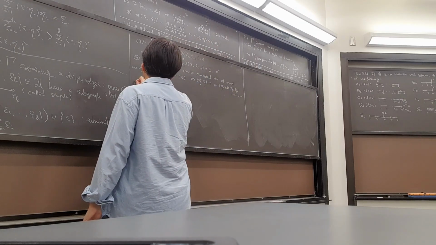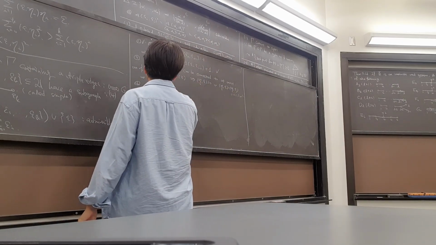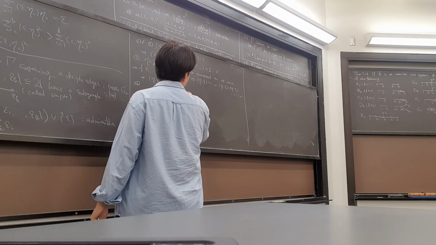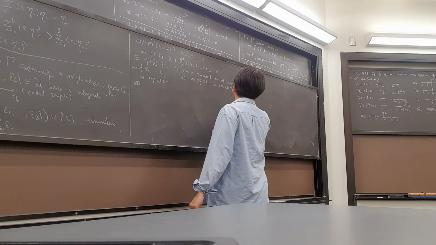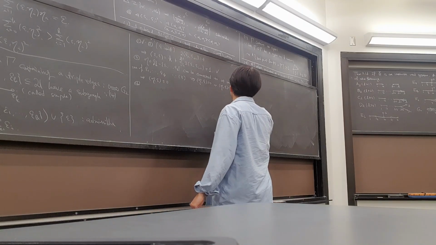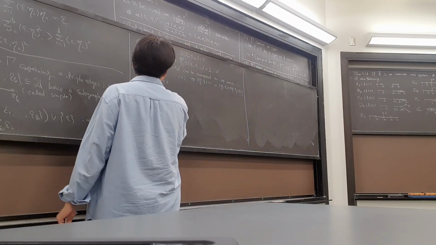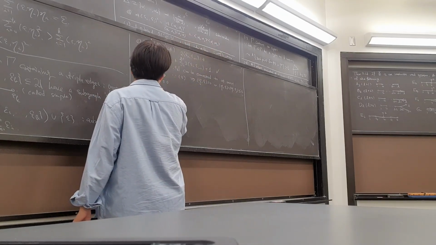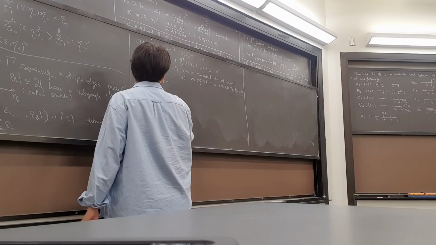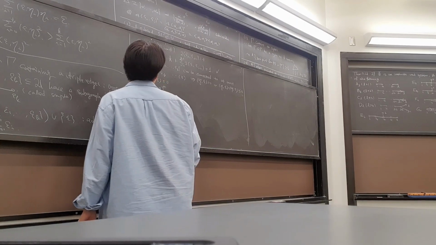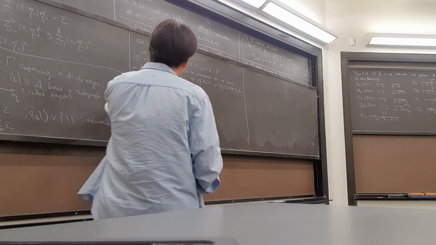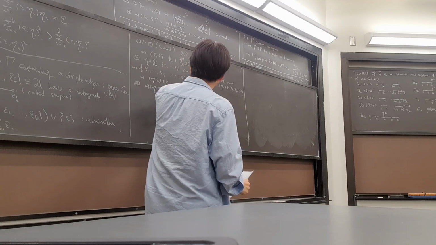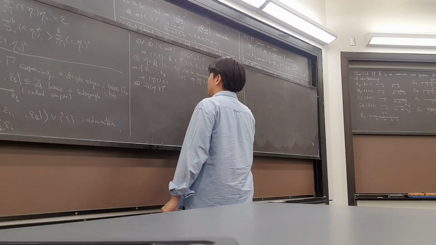Then the first condition was that for epsilon, the nu epsilon square should be 0, 1, 2, or 3, and that is obvious.